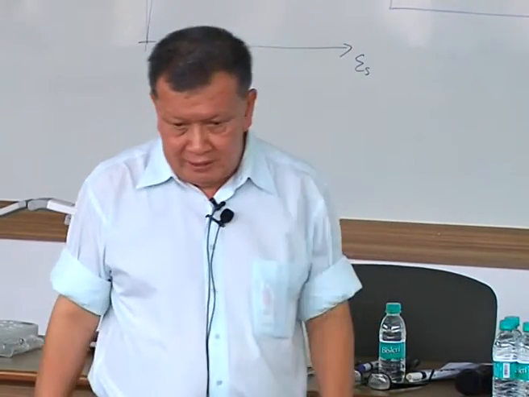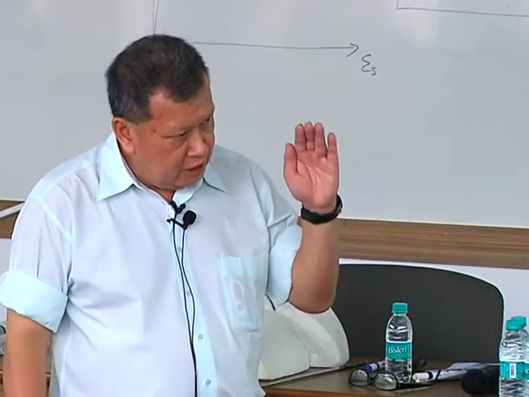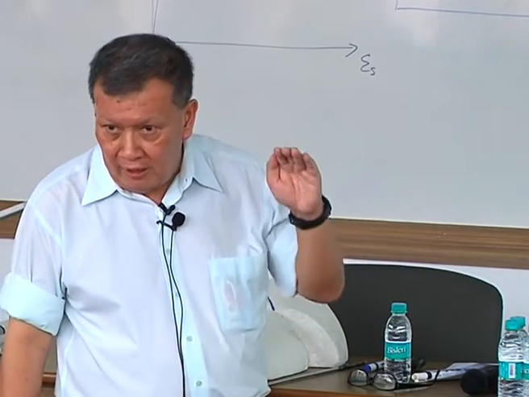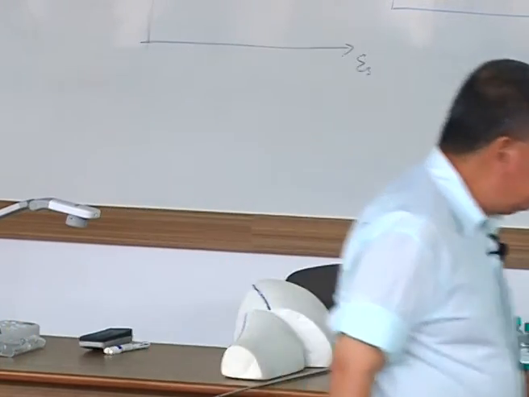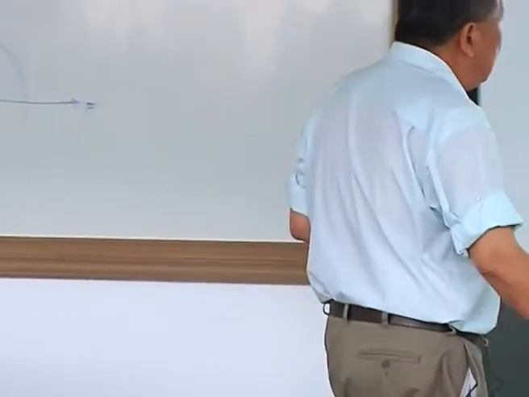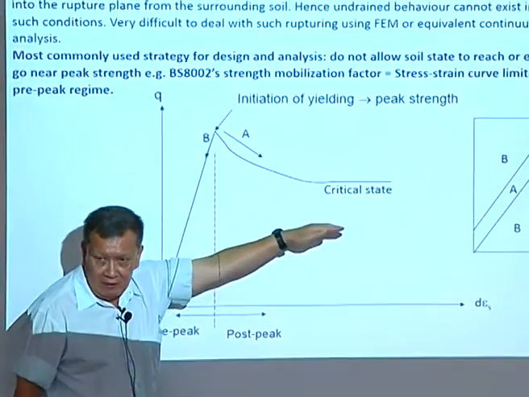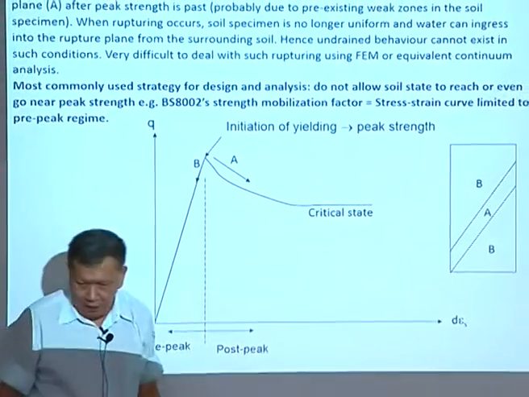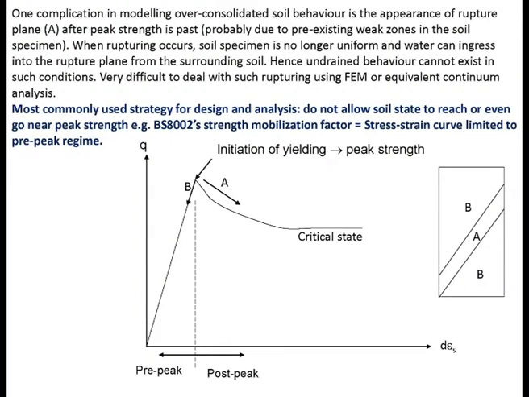Basically what they say is that if you have a soil that has a slight tendency to drop like that, then you have a problem. Supposing you have a soil that in the drained situation has a tendency to come up and then go like that, then you have a problem because it is very hard for your sample to maintain uniformity.